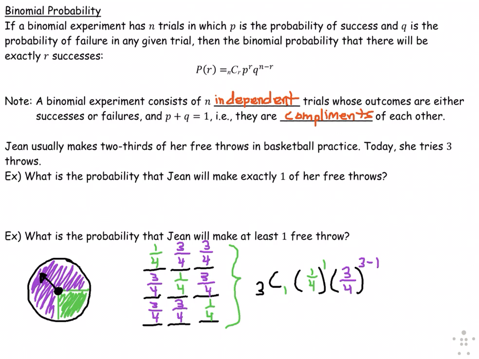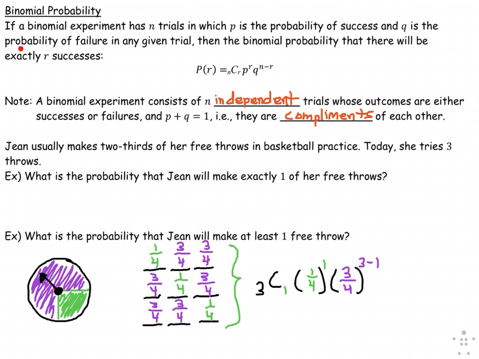These numbers are always the same. And then I have 2 of these 3/4 multiplied together, so then that's n minus r, 3 minus 1, or 2. So that's where this formula comes from, noting that r here and there are always the same. P is always defined to be the probability of success.